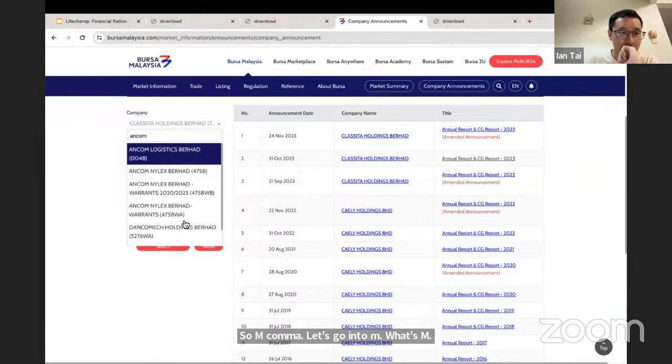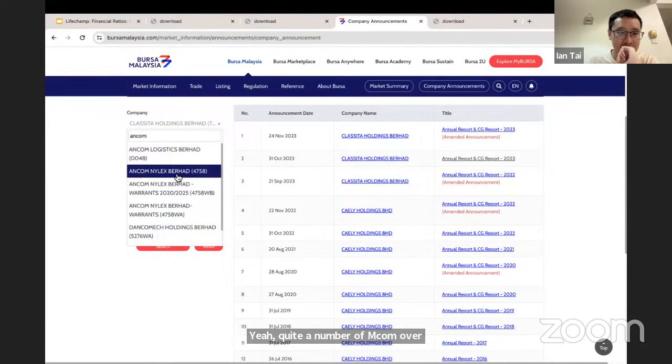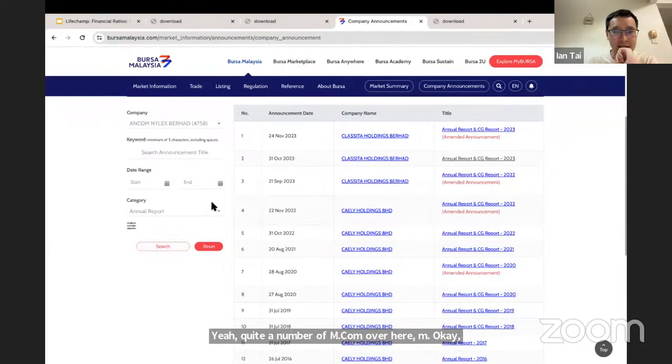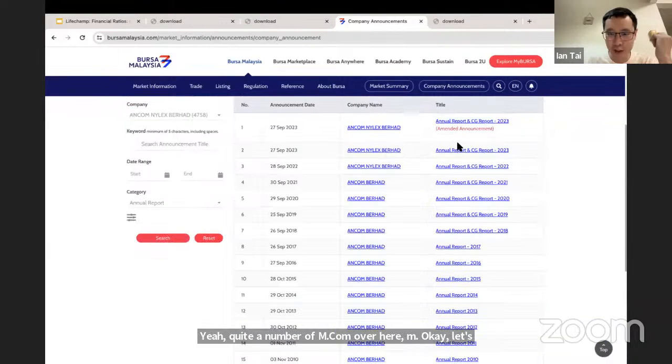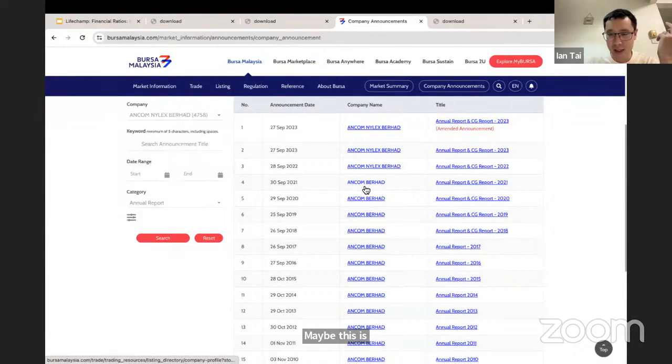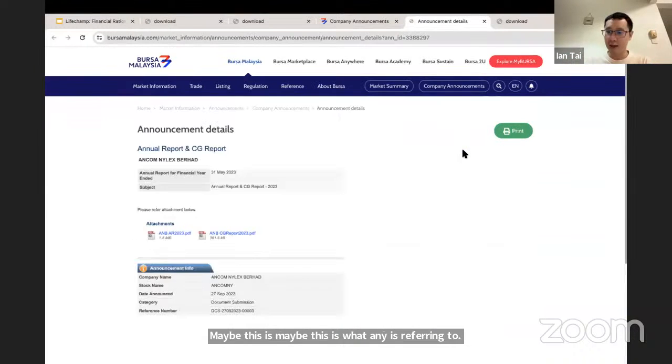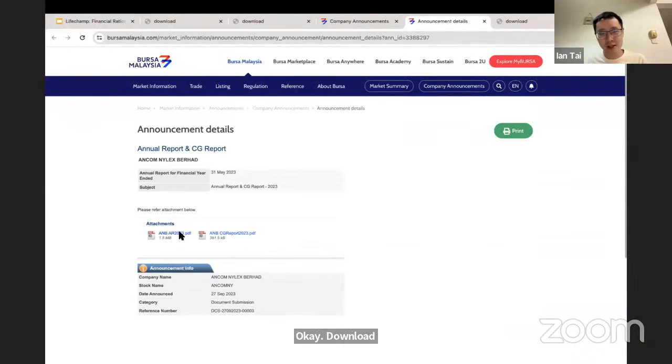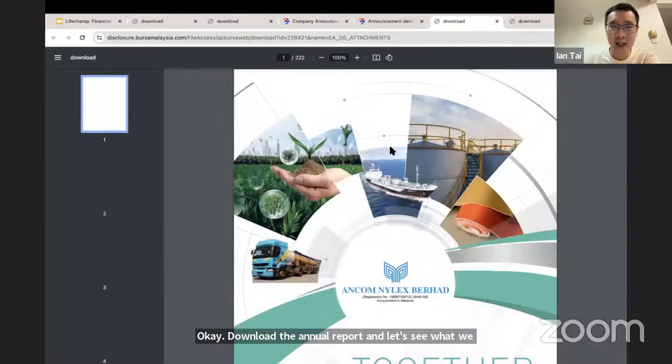Yeah, quite a number of Mcom over here. Mcom Logistic, Mcom Nilex. Okay lah, let's just do Nilex for the time being. Not too sure which of the two. Maybe this is what Any is referring to lah. Okay, Mcom Nilex. Let's just download the annual report and see what we can find from this set of figures.